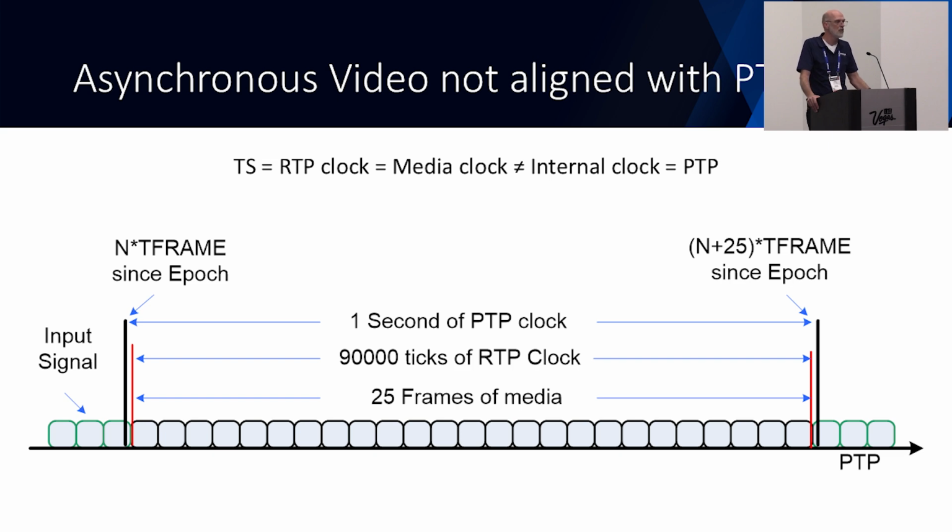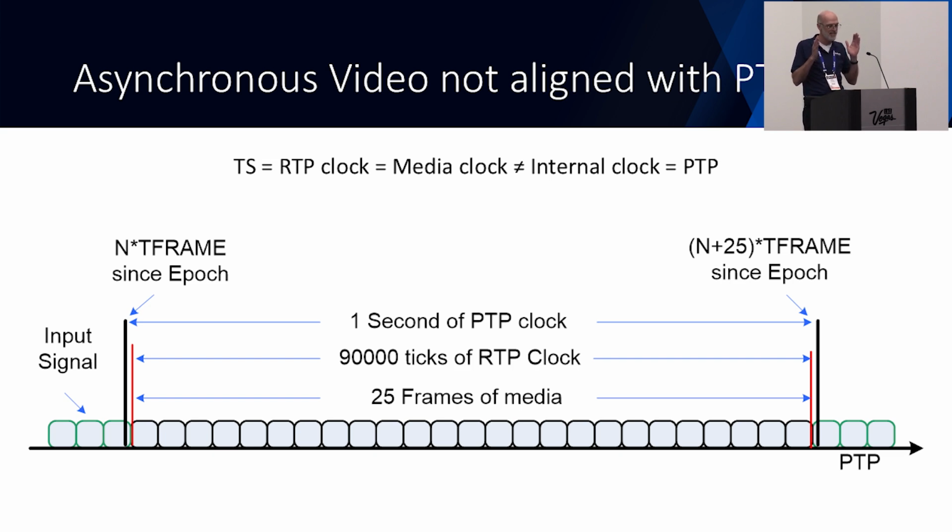A synchronous video looks a little bit like this. Similar graphic as before. At the bottom I have my 25 frames of media and I put red lines for the 25 frames. Between those two red lines there's exactly 25 frames of media. Between those 25 frames, because RFC 3550 says this is how it works, there's exactly 90,000 ticks of RTP timestamp.